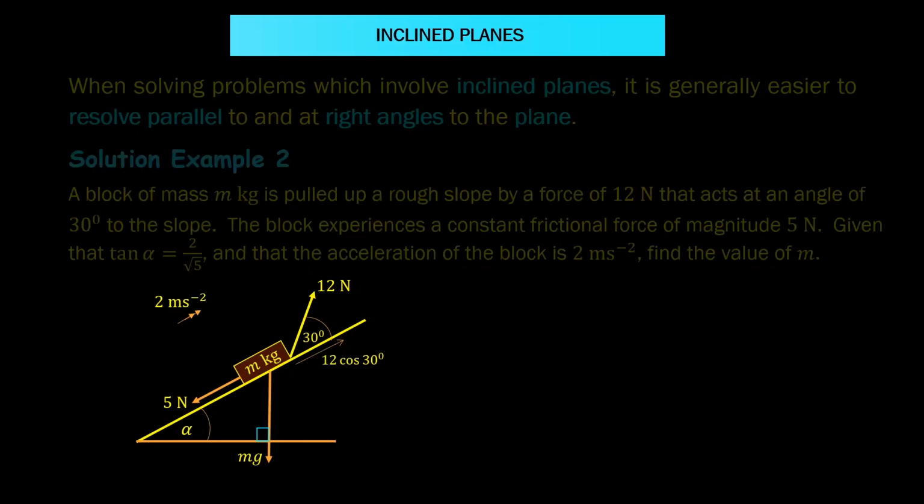If we resolve parallel to the slope, in the upwards direction, we have a force 12 cos 30 degrees. And in the downwards direction, we have mg sine alpha.